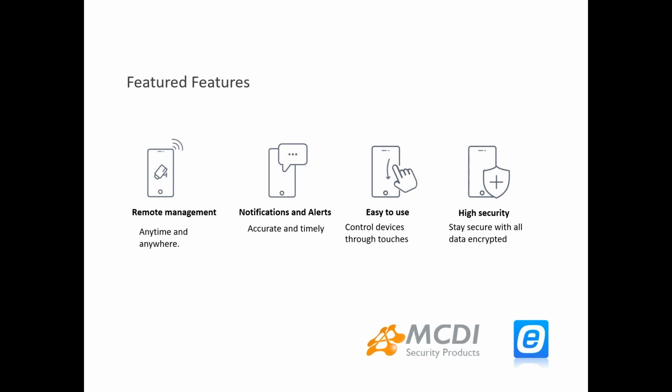The other thing is that it's also high security. You stay secured with all of your data encrypted. Another thing is the way this cloud works, as well as the PC version.